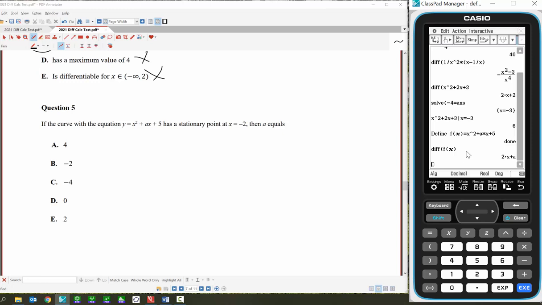So what I'm going to do here is go shift equals for solve, ans equals 0, so the gradient is 0. Can you solve for a with x equals -2? So basically what this will do is set the derivative to 0 and solve it for a when x is -2. a is 4.